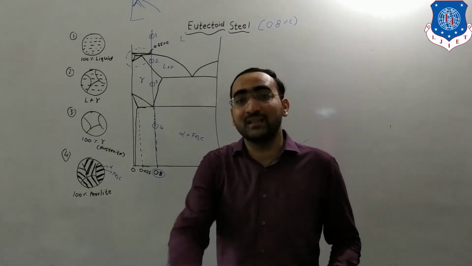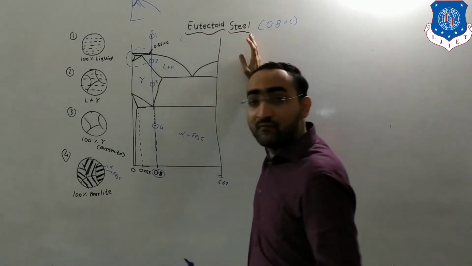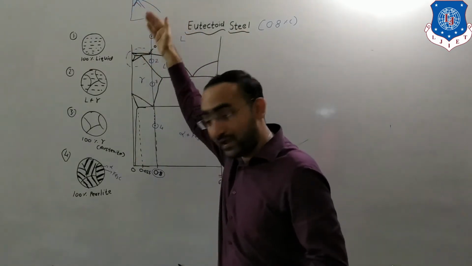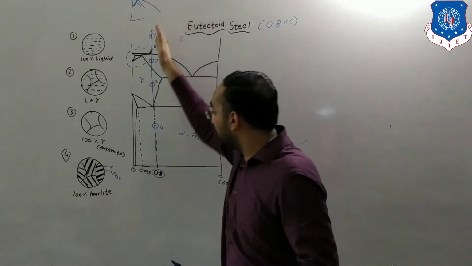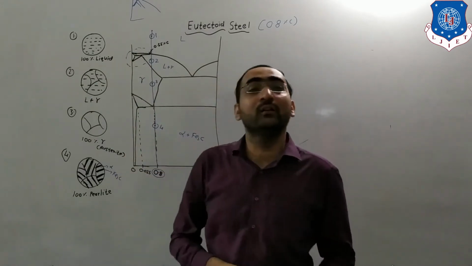So basically these are the four different stages which occur in a eutectoid steel, from the liquid region, whenever the liquid is cooled under these circumstances, and these four different regions are going to occur.